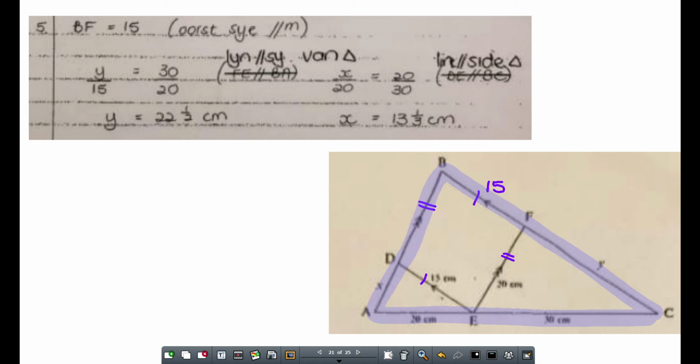So y over 15 will be equal to 30 over 20. Remember about your reason, line parallel to one side of the triangle. Goed, dan kan jy daar gaan oor kruismaal, and then we'd get that y will be 22.5 centimeters. Laat ek hoor, is daar enige vrae so ver? Okay, kom ons skryf net hier in, 22.5.